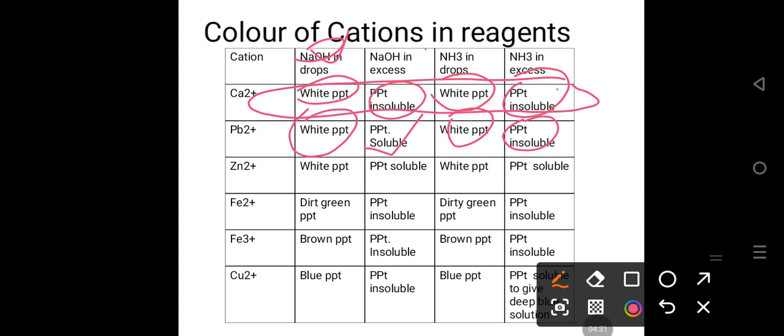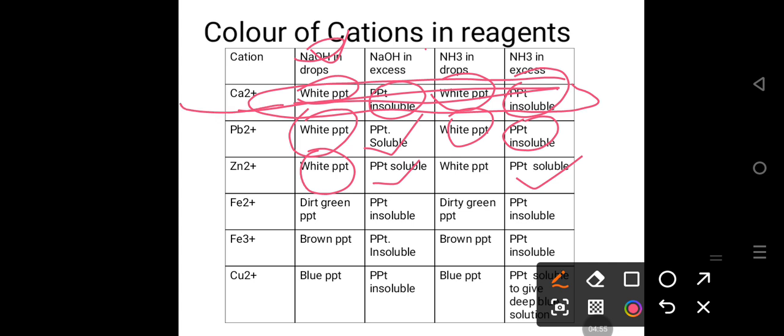Then zinc ion. Zinc ion in sodium hydroxide is soluble. In aqueous ammonia excess, it's also soluble.